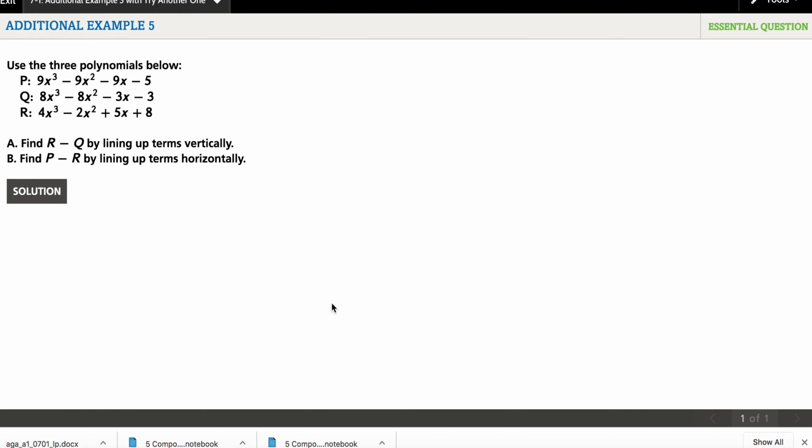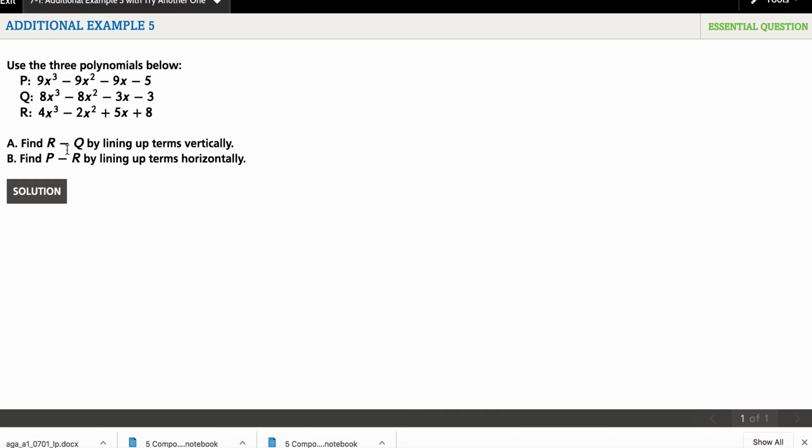In example 5, use the three polynomials below. P: 9x cubed minus 9x squared minus 9x minus 5. Q: 8x cubed minus 8x squared minus 3x minus 3. And R: 4x cubed minus 2x squared plus 5x plus 8.